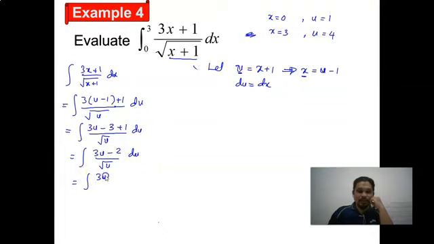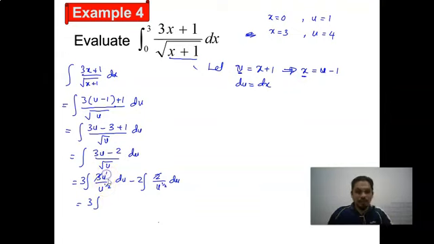Integral of 3u divided by square root of u means that we're talking about u to the power of 1 over 2, du, minus integral of 2 divided by u to the power of 1 over 2 du. So take the 3 and 2 outside because they are just constants. You come up with 3 integral of u to the power of 1 divided by u to the power of half.